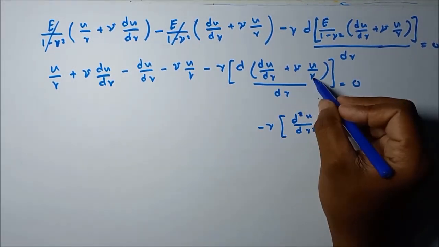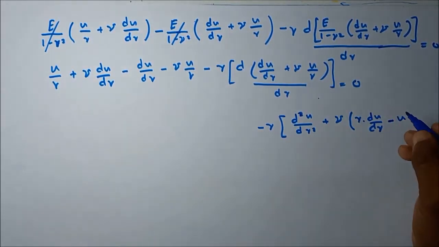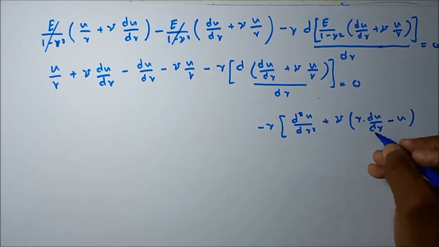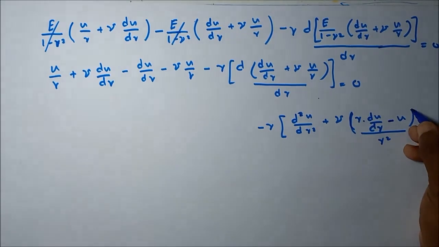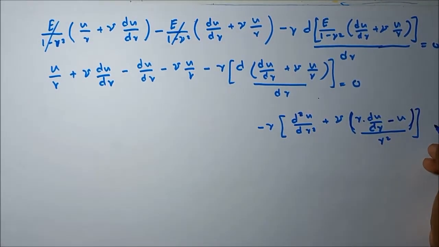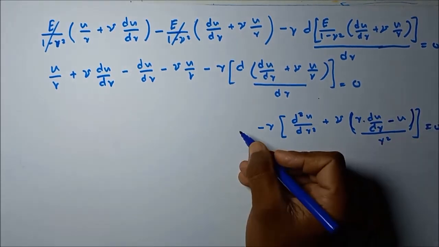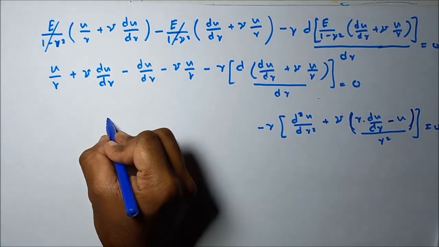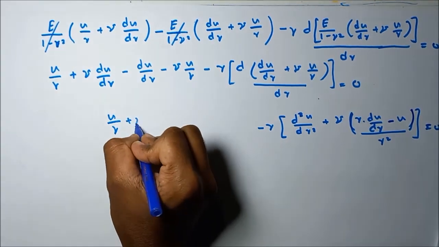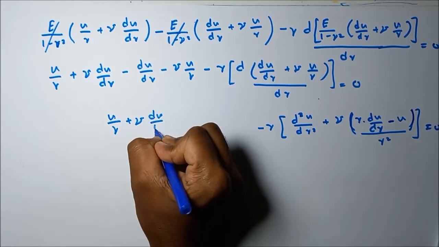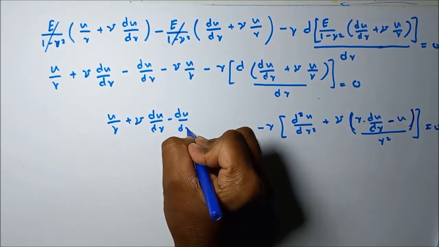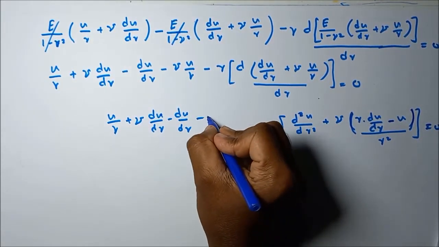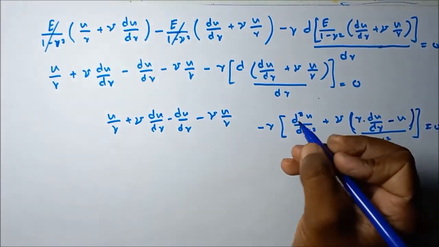Then derivation of this one is equal to 1, no? Yeah, the square is equal to, sorry, that is equal to 0. Then I will add these terms: u divided by r plus nu du over dr minus du over dr minus nu u divided by r, okay.